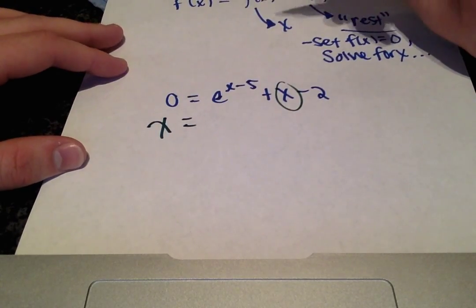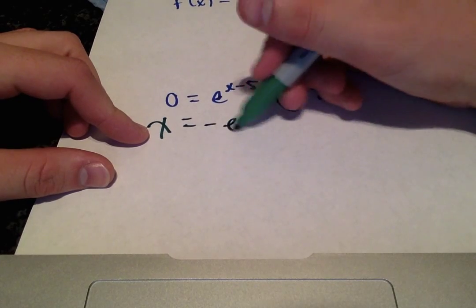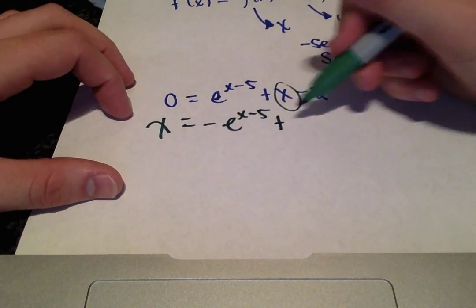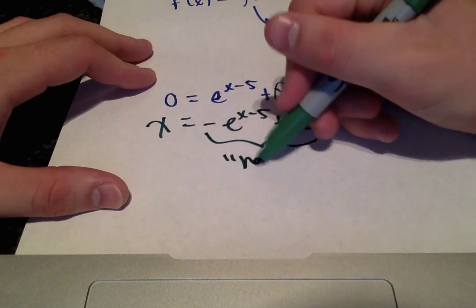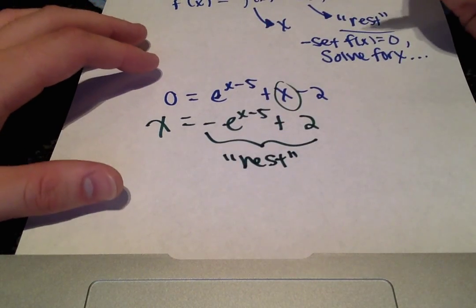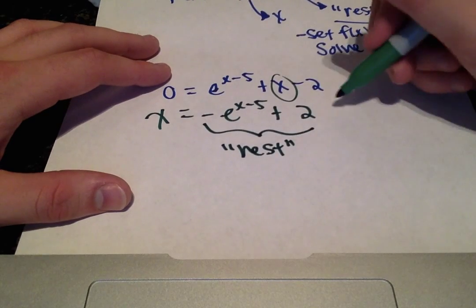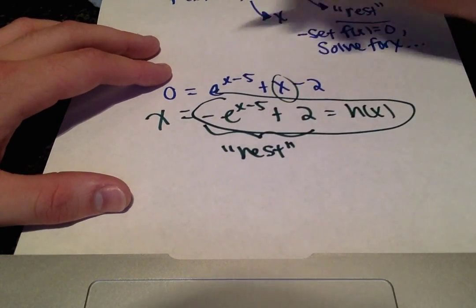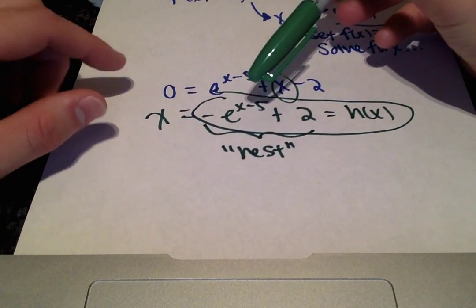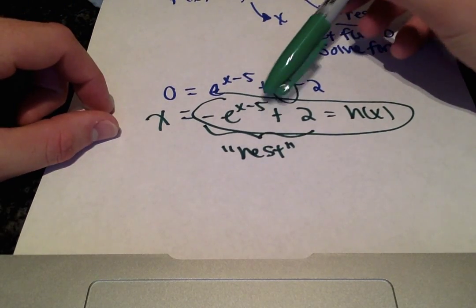So we get x equals negative e to the x minus 5 plus 2. And this right here is the rest of the function we were referring to. This is what h of x is equal to. H of x is equal to negative e to the x minus 5 plus 2.